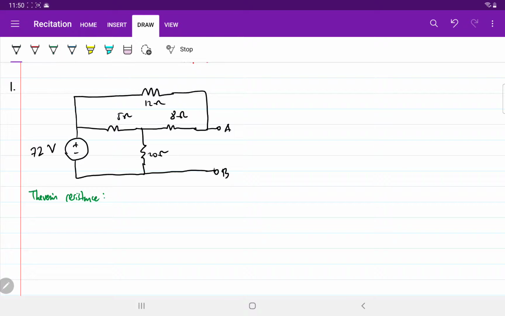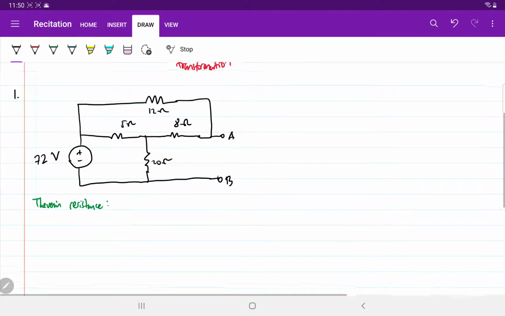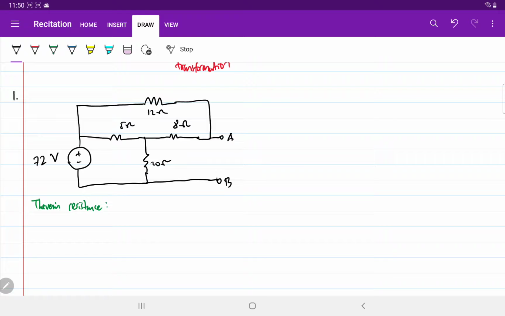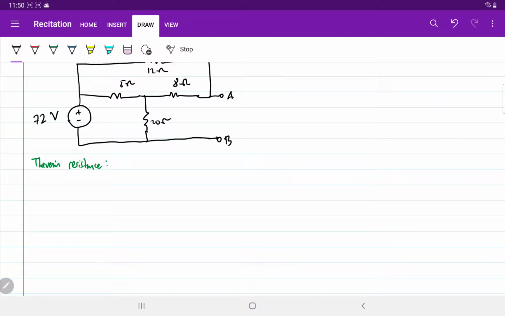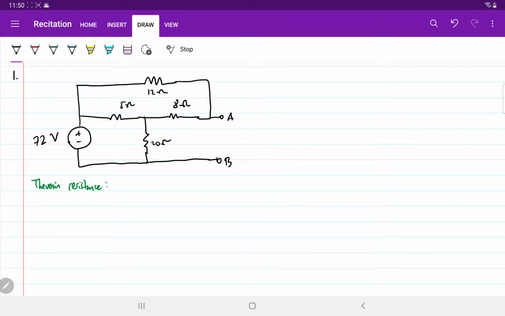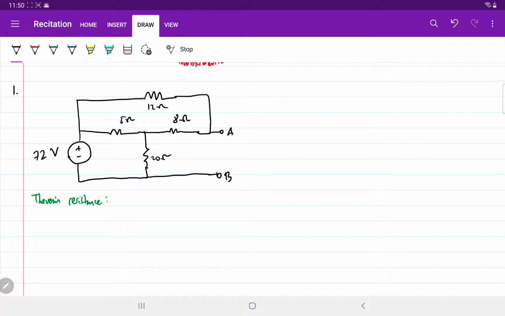Okay, so we compute it by removing any independent source. Here we have a voltage source, so we can remove it by replacing it with the short circuit, right?